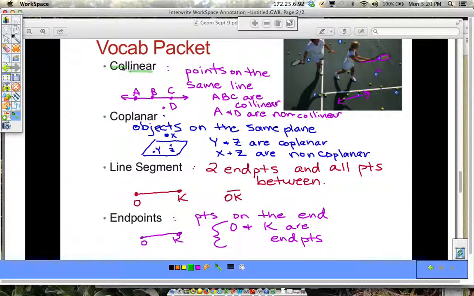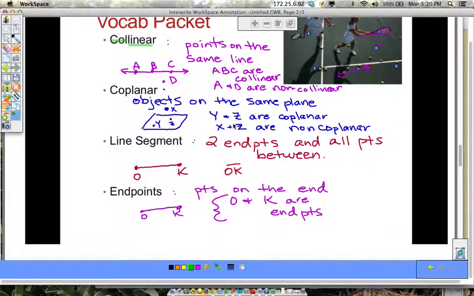So collinear is going to mean on the same line. So points on the same line is collinear. If I look at this picture, we've got a line. A, B, and C, all 3 of these points are on the same line. But D is not collinear with A, B, and C.